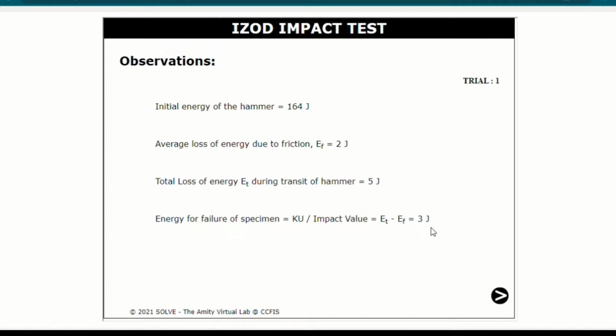The observations: initial energy of the hammer was 164 joules. Average loss of energy due to friction is 2. Total loss of energy during transit of hammer is 5. Energy for failure of specimen is 3.